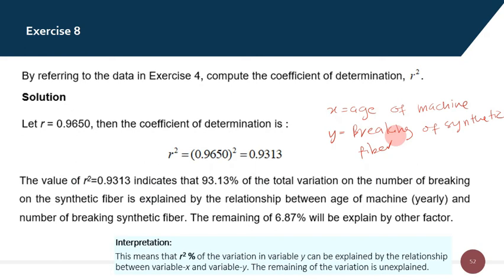So the remaining 6.87% will be explained by other factors. Okay, so make sure you know how to interpret the coefficient of determination and also the correlation coefficient.